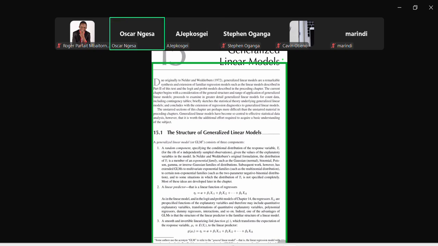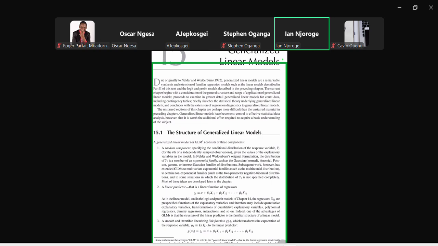Just as a recap, a GLM model has how many components? Three components. Which ones are these?